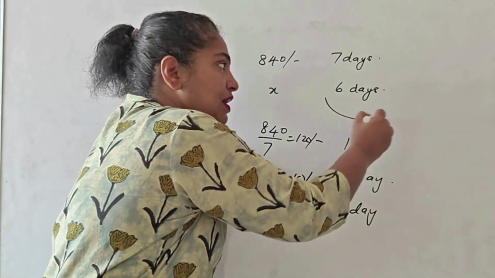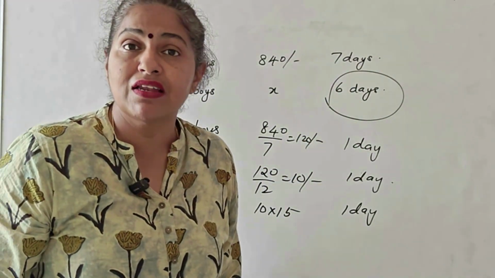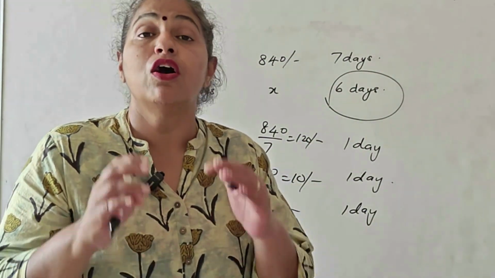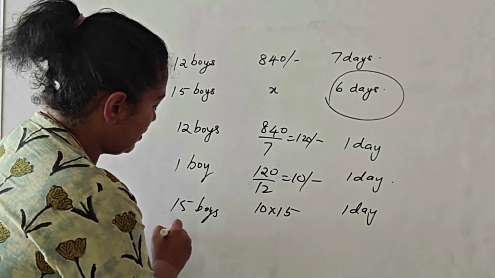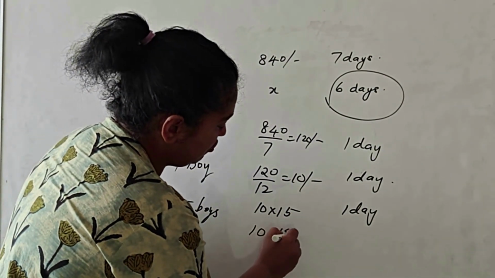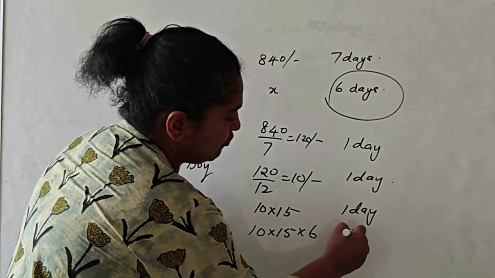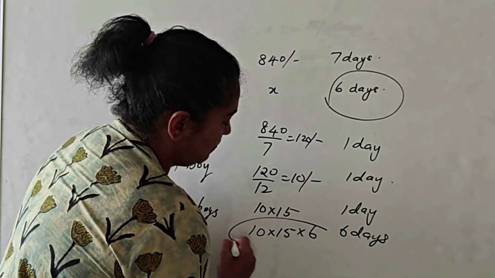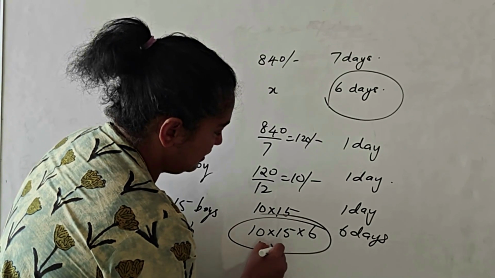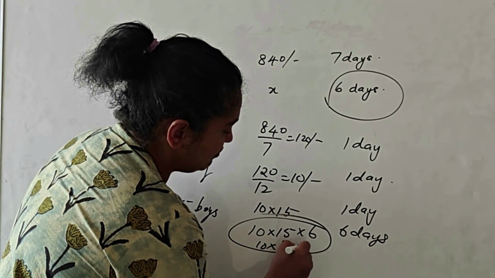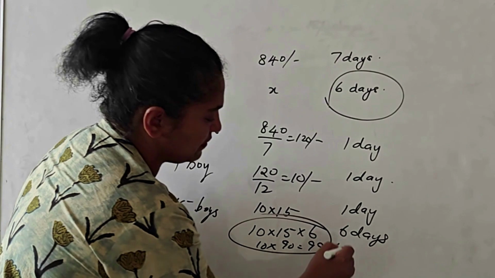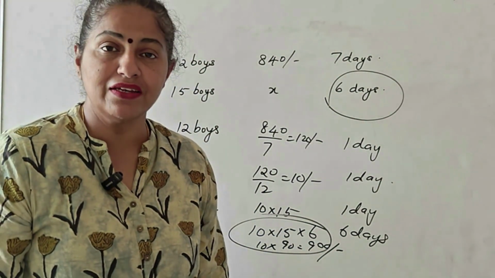Now how many days are mentioned in the question? 6 number of days. More number of days, more money. So 15 boys will get 10 into 15 into 6 working for 6 days. So this is 10 into 90, which is 900 rupees. Clear?